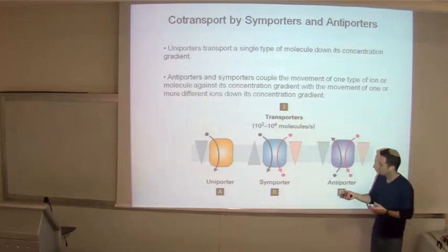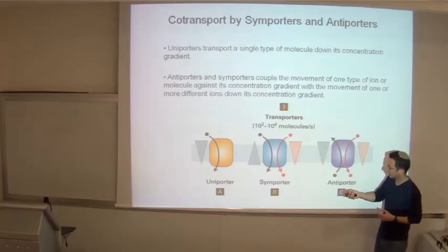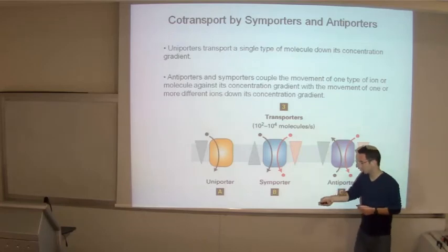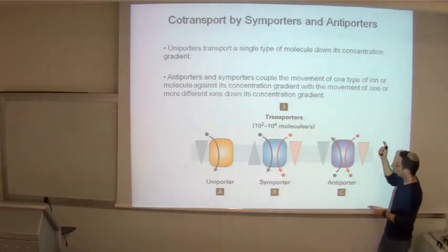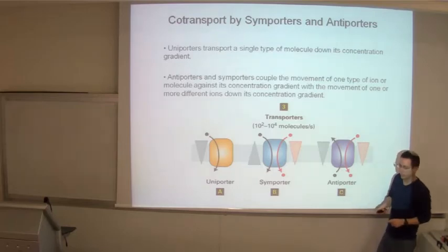Transporters that move 2 ions to the same side of the plasma membrane are called symporters. Sym meaning similar or to the same side. And transporters that move 2 ions to opposite sides of the plasma membrane are called antiporters.